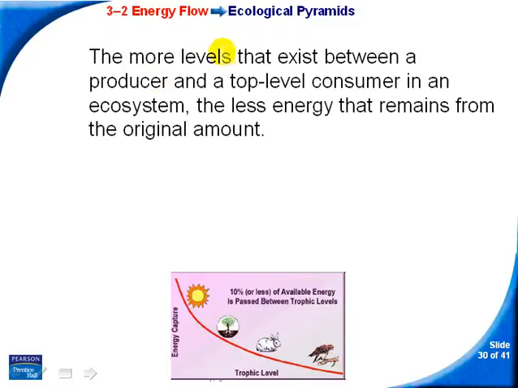So the more levels that exist between a producer and a top-level consumer in an ecosystem, the less energy remains from the original amount. And here's that number again, 10% or less available energy.